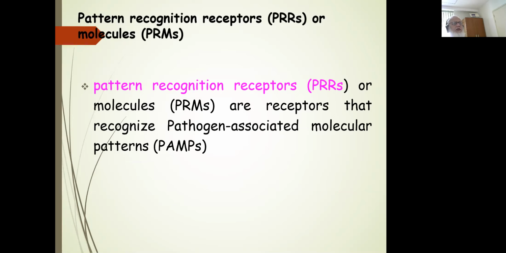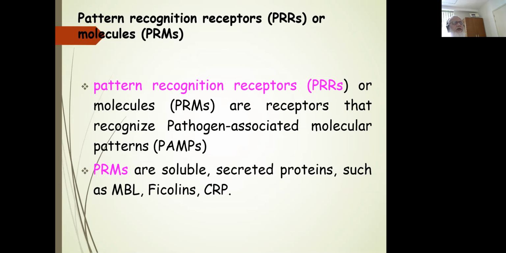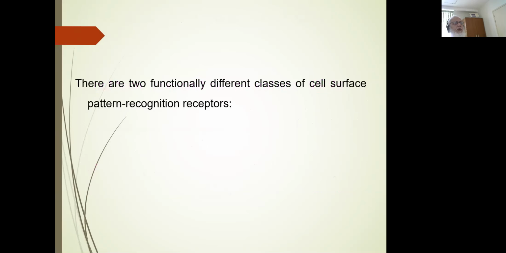Let us see examples of pattern recognition receptors. Pattern recognition receptors are molecules or receptors that recognize these pathogen-associated molecular patterns. They may be soluble, secreted proteins such as ficolin and C-reactive protein, or they may be present on the cell surface and sometimes inside the cell also. There are functionally two classes of cell surface pattern recognition receptors.